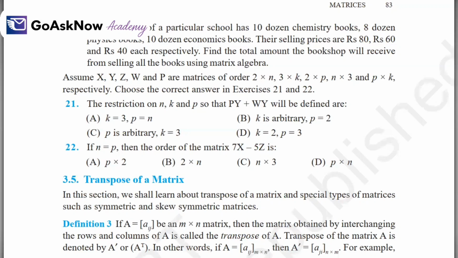So your first option is also saying that k is equal to 3, and k is 3 is showing in option C also. And WY will give the restriction as W has the order n cross 3. So p must be equal to 3, no, p is equal to n only.